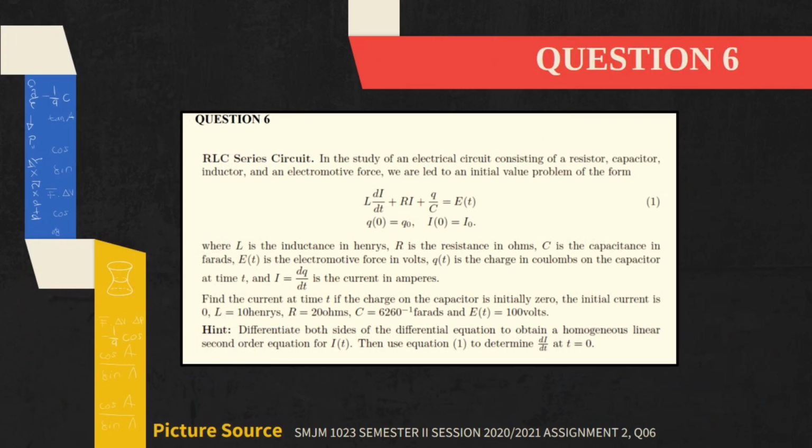Now let's learn what the question is asking us. The question has provided us with an initial value problem and all the values of L, R, C and E(t). The question is basically asking us to find an equation of I, current, in terms of time t. So let's solve it by using the previous steps as assistance.